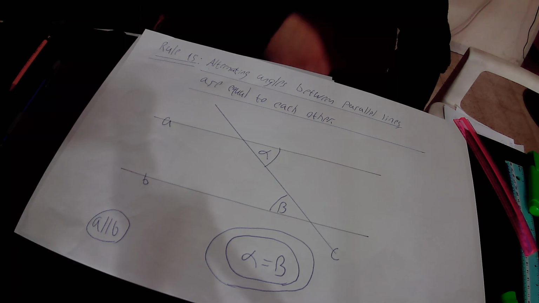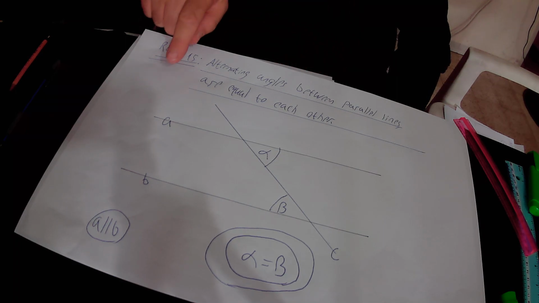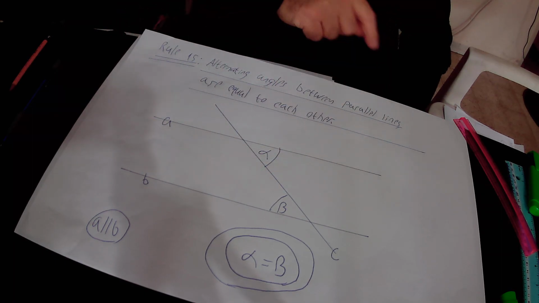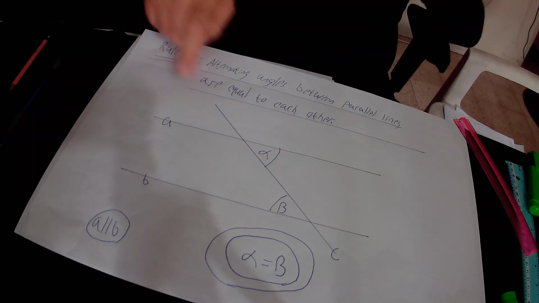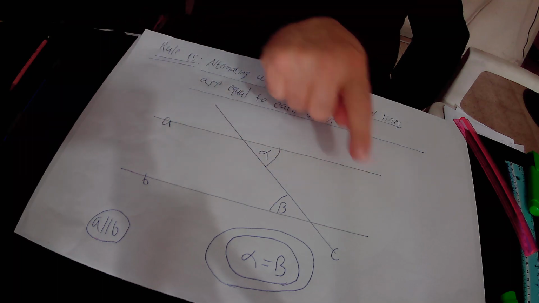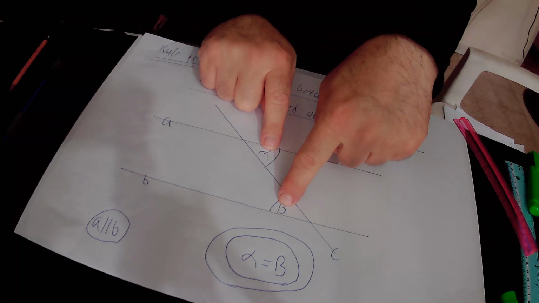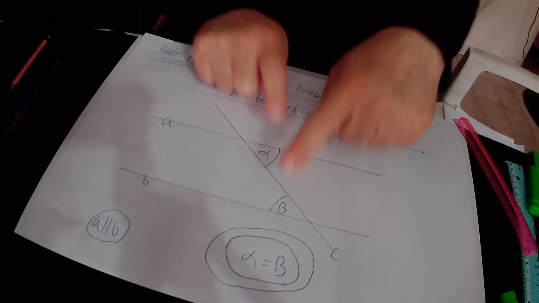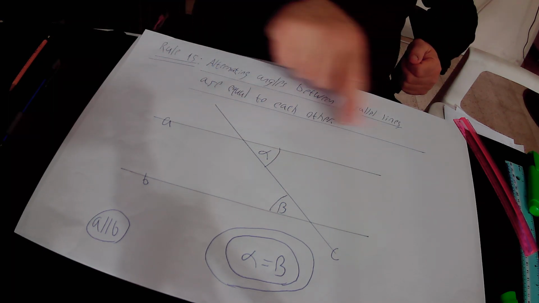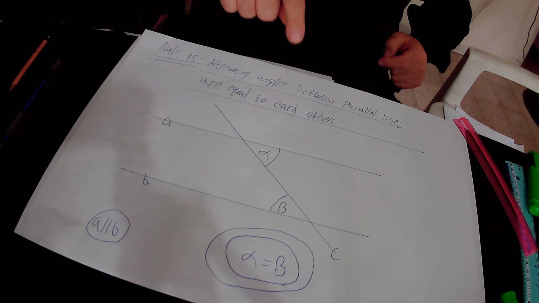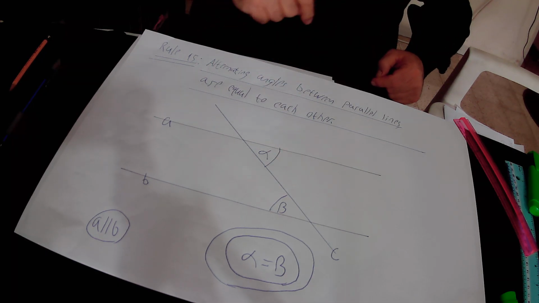So we have in the drawing line A parallel to line B, and those two angles are defined as alternating angles, located between the parallel lines A and B, and therefore they are equal to each other. That is to say, alpha equals beta.